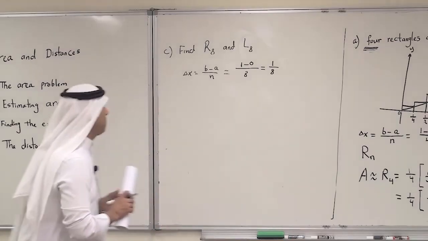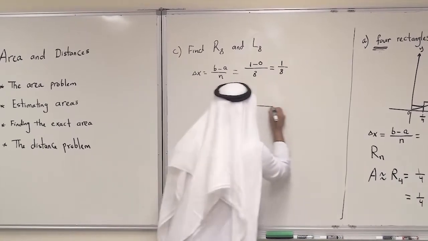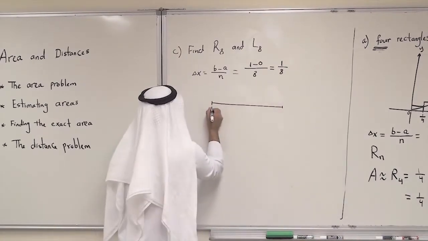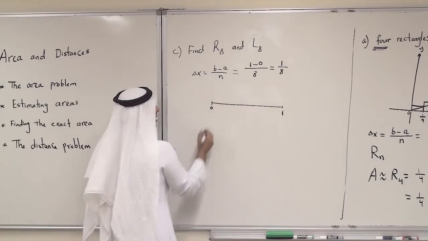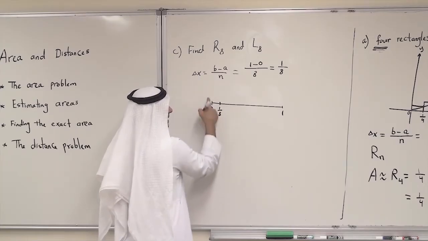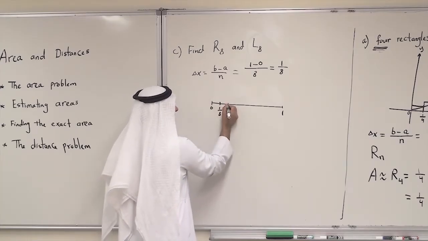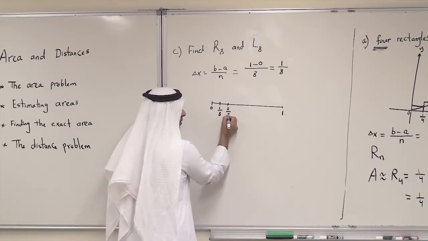Okay, good. How to find the points? When you go to the interval itself, this is 0, and this is 1, and we are making 8 subintervals. So the next one here will be 1/8, I'm adding 1 delta x here. Another one will be 2/8, which is 1/4 if you like.